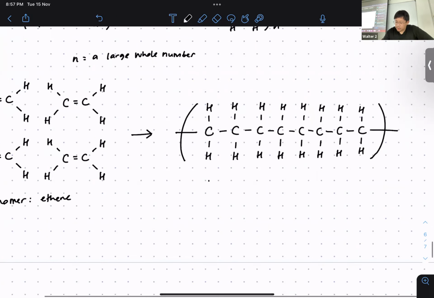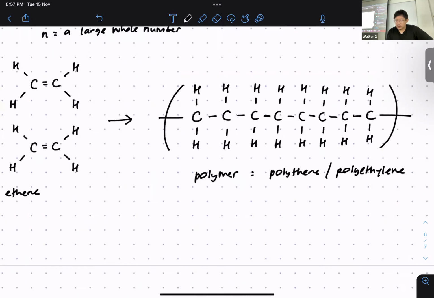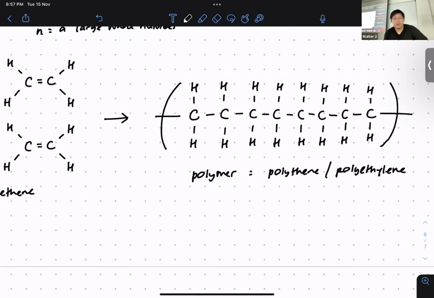And this is the polymer, which is known as polyethylene or polythene. Many names for it. So that's the polymer. This is one of the addition polymerization processes.